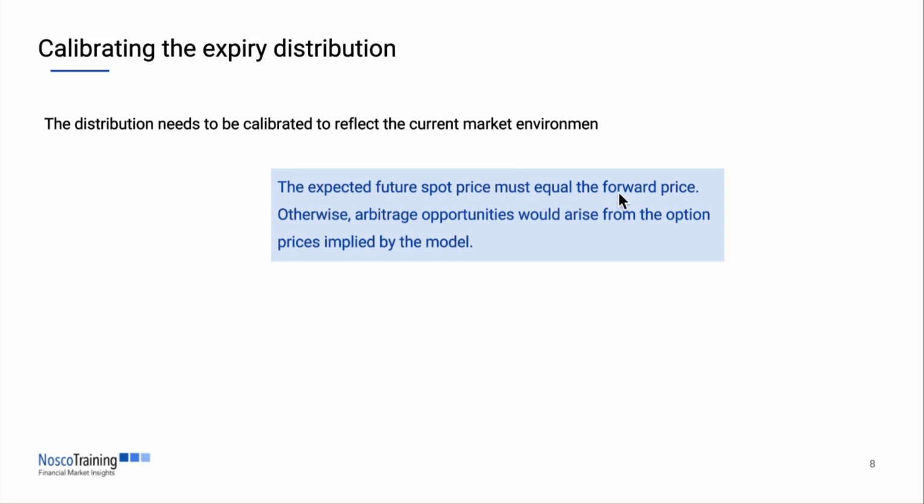Otherwise, arbitrage opportunities would arise from the option prices implied by your model. That means you put prices out and people could make free money out of your prices. Why? We haven't fully explained that. We will see that a bit more when we talk about put-call parity in the next session. So that's one thing, very important: the mean of the future spot prices has to be the forward.